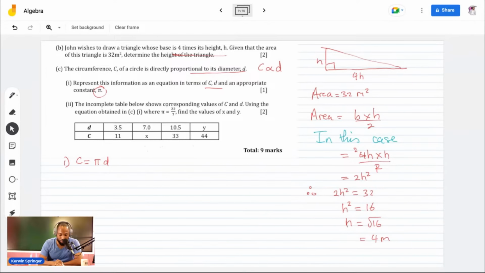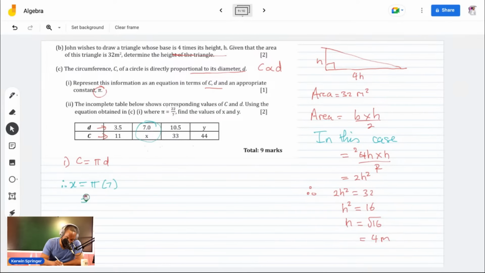The incomplete table below shows corresponding values of C and D. Use the equation obtained in there. Using that equation, where pi is 22 over 7, so they want you to use pi as 22 over 7, find the values of x and y. So in other words, take some free marks now. In the first case, where we want to figure out x, I would say, therefore, x is equal to pi times d, and d in this case is 7.